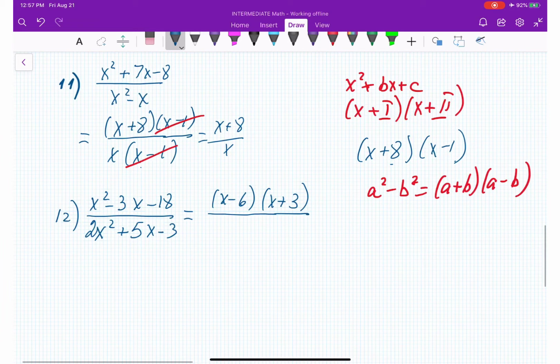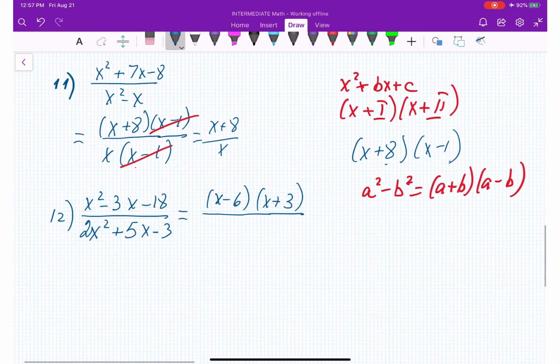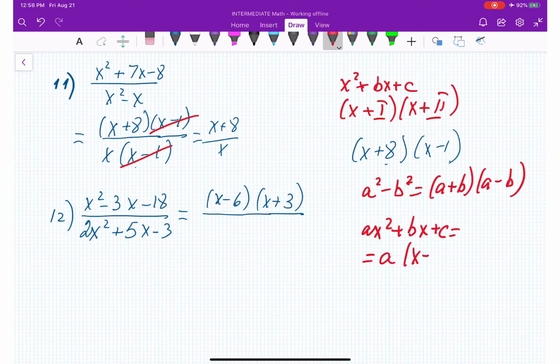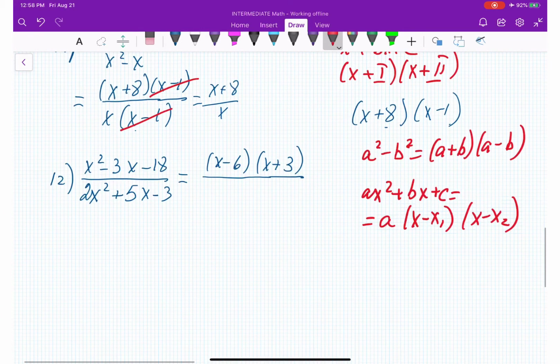In the denominator, we have 2x squared plus 5x minus 3, which is a format of ax squared plus bx plus c, which if I break down, I have to get a times x minus x1, x minus x2, right? So let's start working on this one.